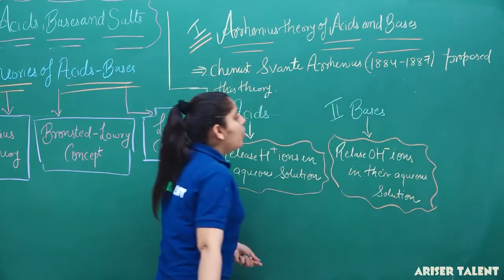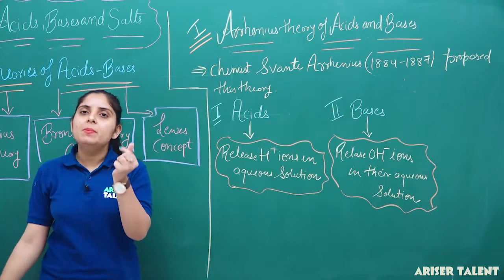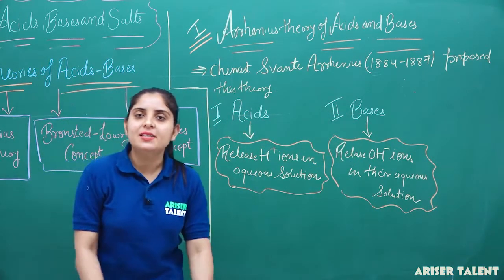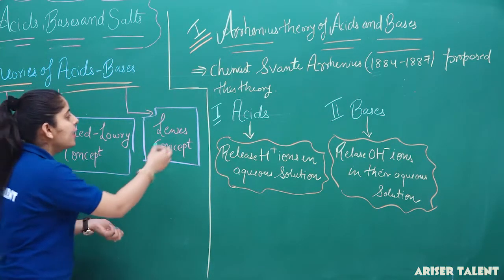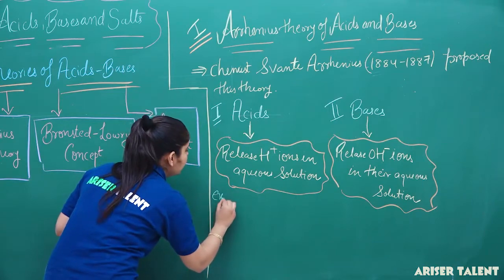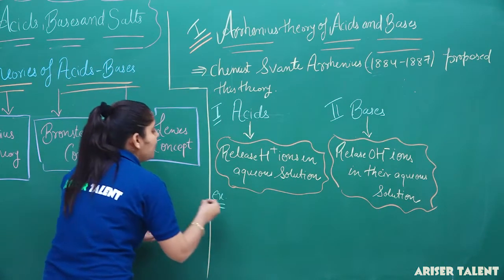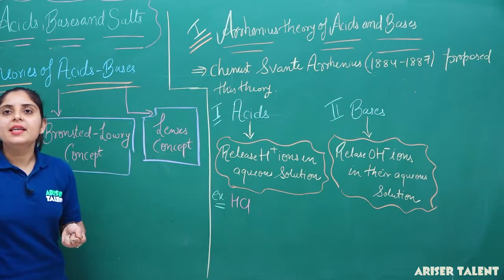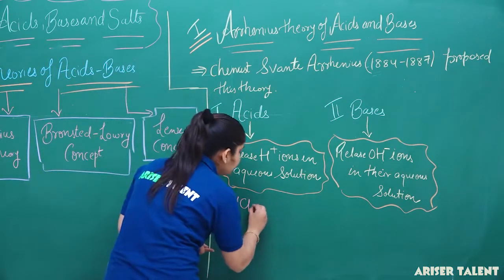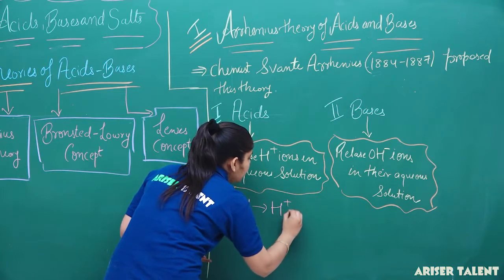According to the Arrhenius concept, these are the simpler definitions of acids and bases, which we will understand with the help of an example. Suppose we are provided with HCl. HCl on reacting with water dissociates into H positive and Cl negative.